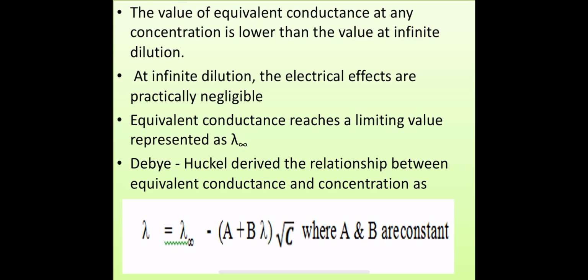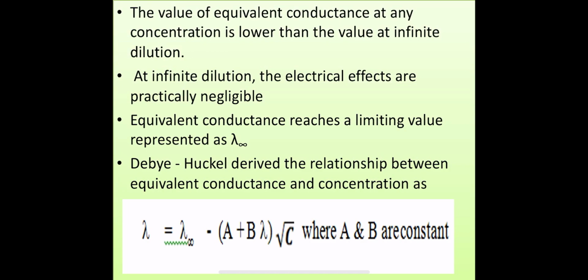When the positive ion moves towards the cathode, that is the phenomenon. So the positive ion has to move towards the cathode. The ionic atmosphere with the associated solvent molecules moves in a direction which is opposite to that of the ion, that is towards the anode. Okay, so the movement of the molecules will be in the opposite direction.